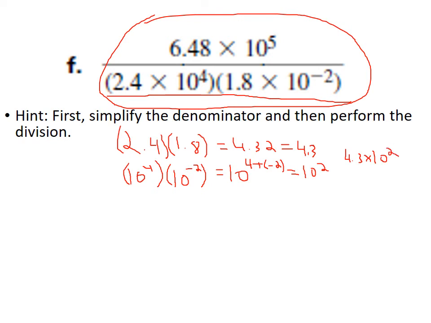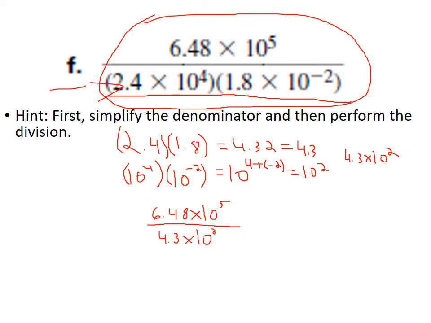So now I can rewrite this whole equation as 6.48 times 10 to the power of 5 divided by 4.3 times 10 to the power of 2.